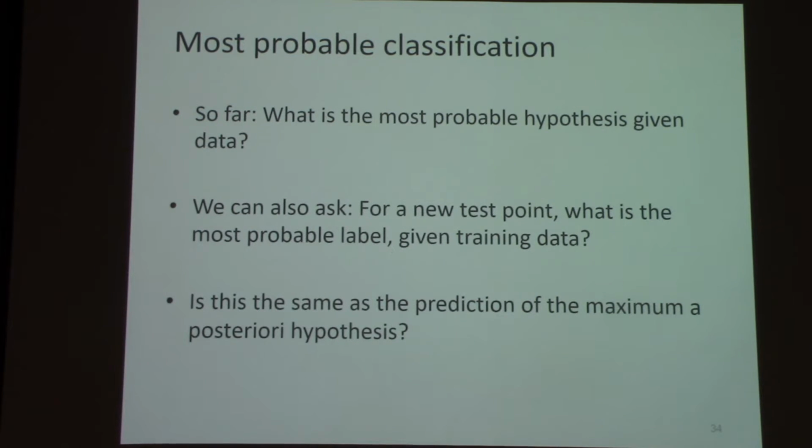Instead, we could ask, I'm not going to actually pick a hypothesis at all. Instead, I'm going to keep my entire training set. When a new example comes in, I'm going to ask, what is the most probable label given the training set? Subtly different. It's not the same as sticking to a hypothesis and then making predictions.